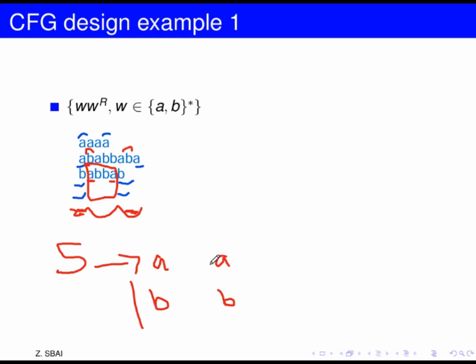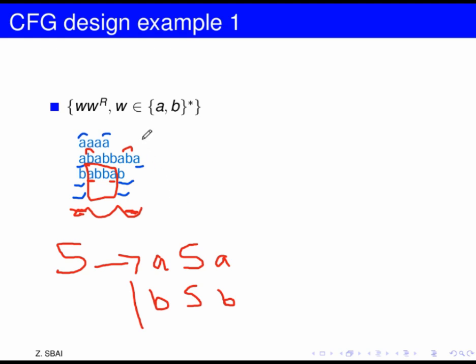And in the middle here, we will say that this is a string also that we will analyze in the same manner as the first string. So we will write here each string S will be changed by A, another string S, A, or B, another string S, B.